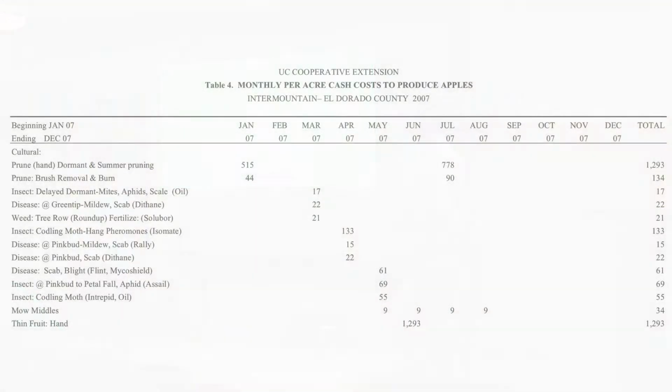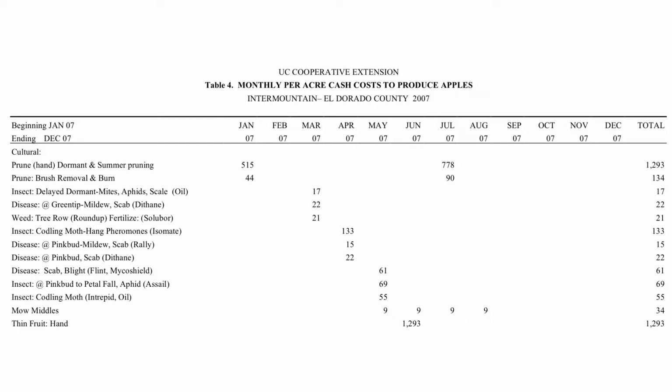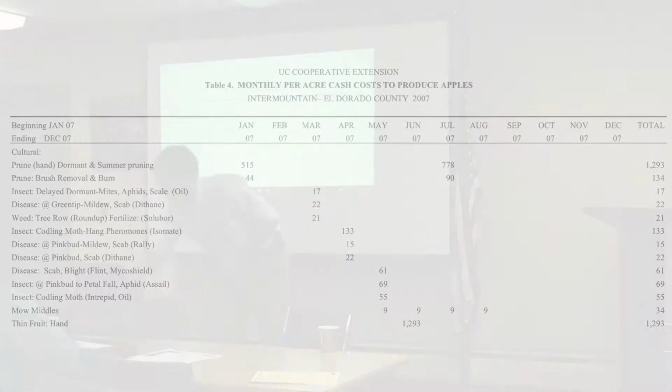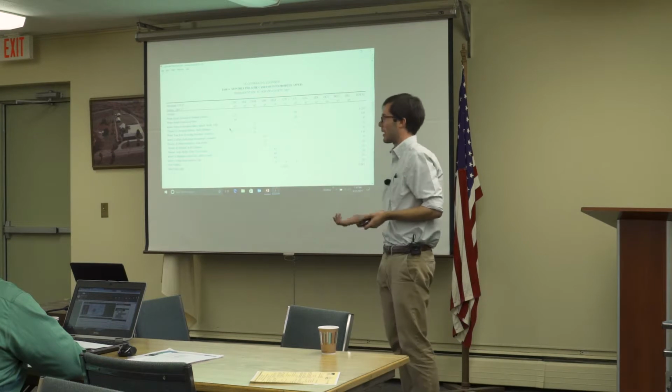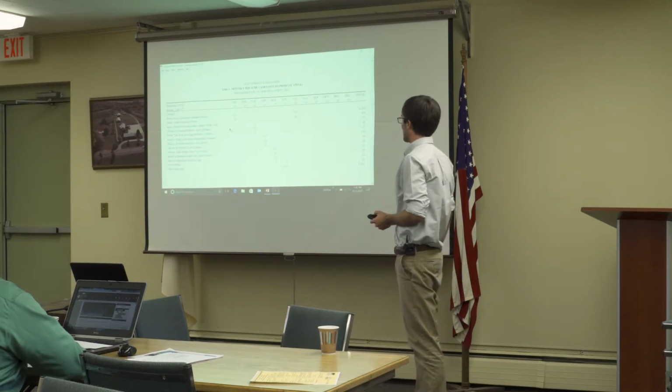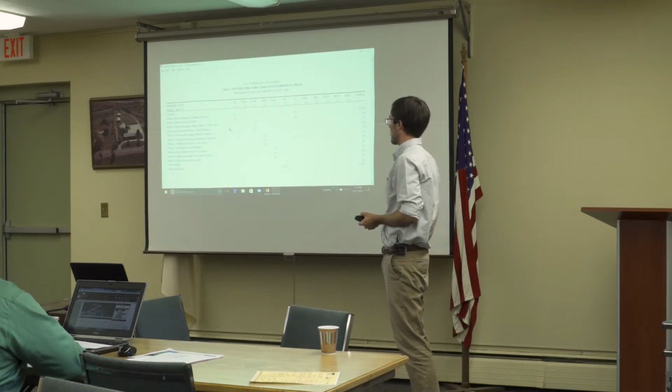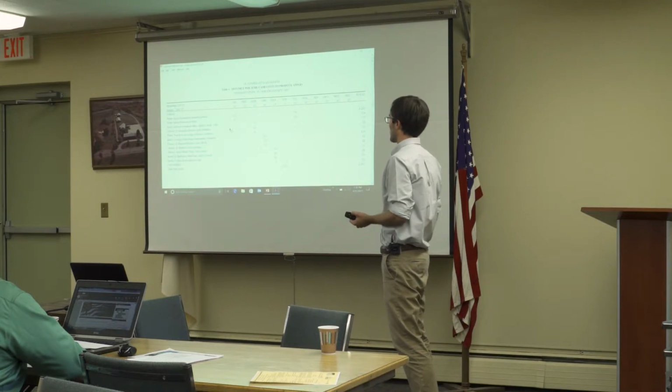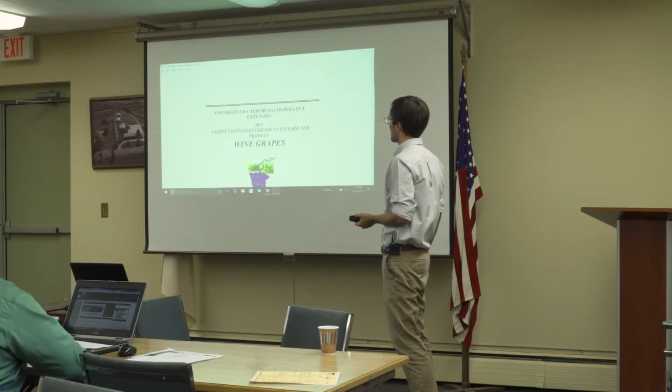And then they have monthly costs too. So this breaks it down for 1 year of the operation, what the costs are going to be by month. This is really good if you need to be planning your cash flow, showing each of those tasks and what it's going to cost you in each month of the year.